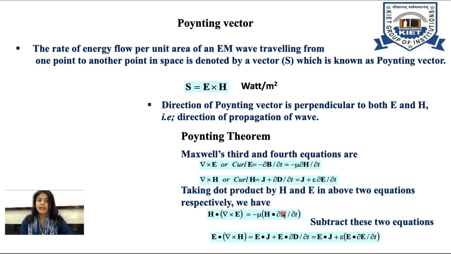Taking dot product by vector E in the fourth equation, we have E dot del cross H is equal to E dot J plus E dot del D over del t, where D is the electric displacement vector which is equal to epsilon E. Then E dot del cross H is equal to E dot J plus epsilon E dot del E over del t. Subtract these two equations.